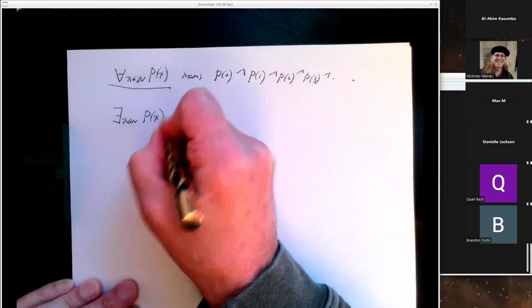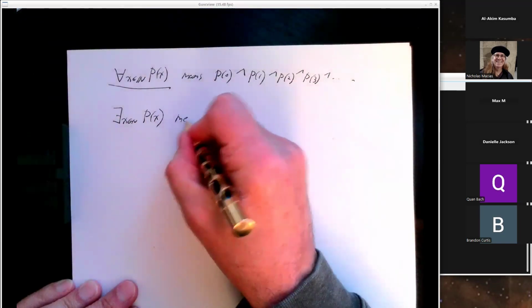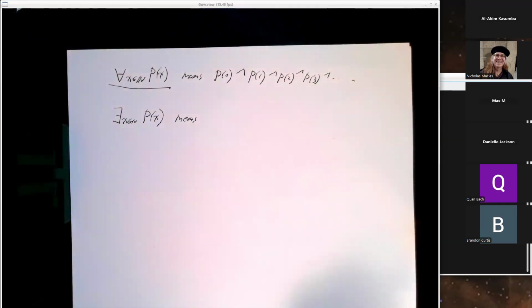And there exists an x in N such that P of x. Well, what does that mean? Can I expand that out in some way? P of 0 or P of 1 or P of 2.